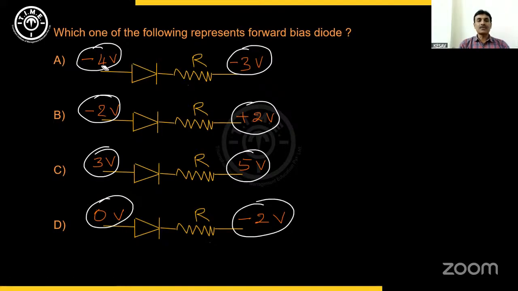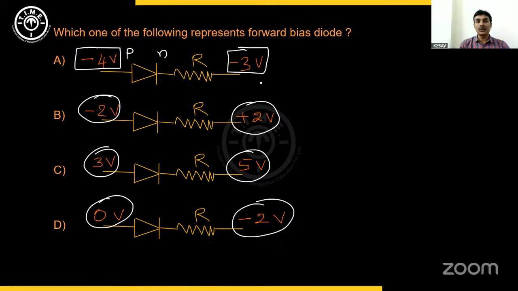Let us start with option A. Here for the diode, this is the P side and this is the N side. On the P side, you have -4 volt connected. On the N side, -3 volt connected. Both are negative potentials, not positive and negative. But here you need to consider higher and lower values.